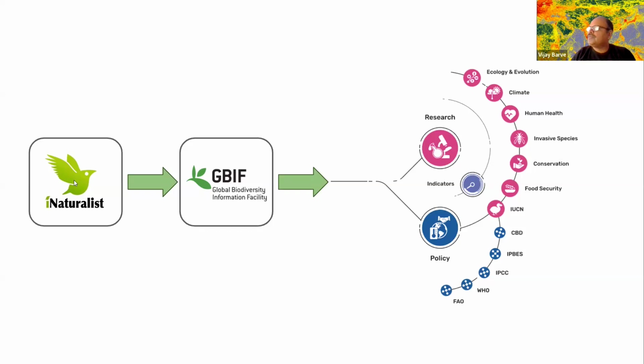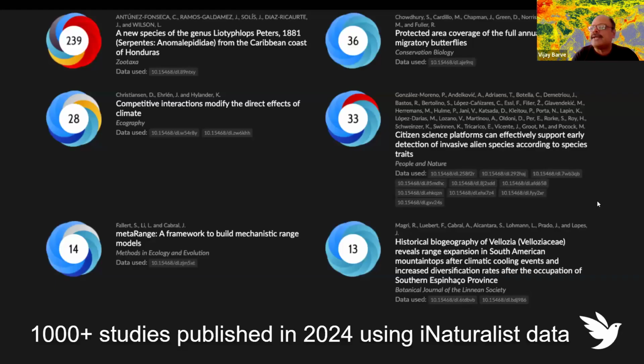There are literally numerous uses for this data. Looking specifically at iNaturalist, more than 1,000 research papers have been published which use iNaturalist data in some way. That is the broader impact of simply recording one organism in our backyard or in our favorite park or wherever we are going. That's the kind of thing that can happen and is happening with our iNaturalist data.